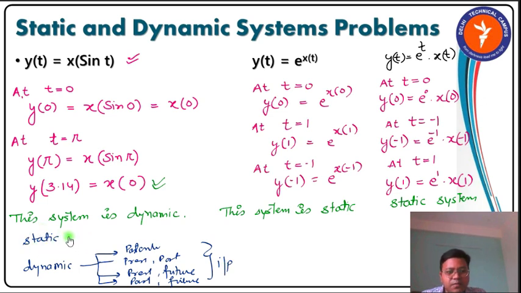Whereas a static system will always depend only on the present inputs. And we also discussed that any kind of time scaling and time shifting in the input signal will make the system dynamic.